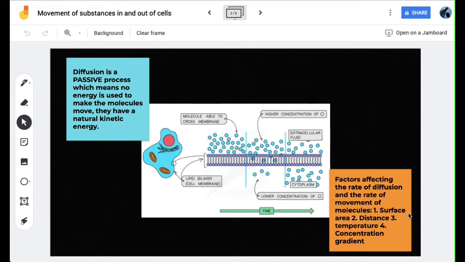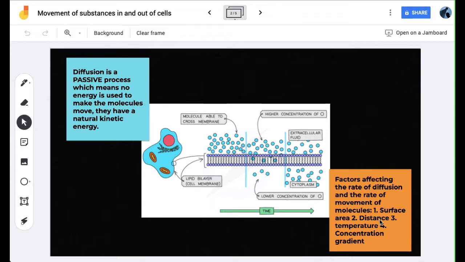The smaller the cell, the greater its rate of diffusion. The second one is the distance. The shorter the distance, the higher the rate of diffusion. The shorter the distance the particles have to move, the quicker the process is going to be.